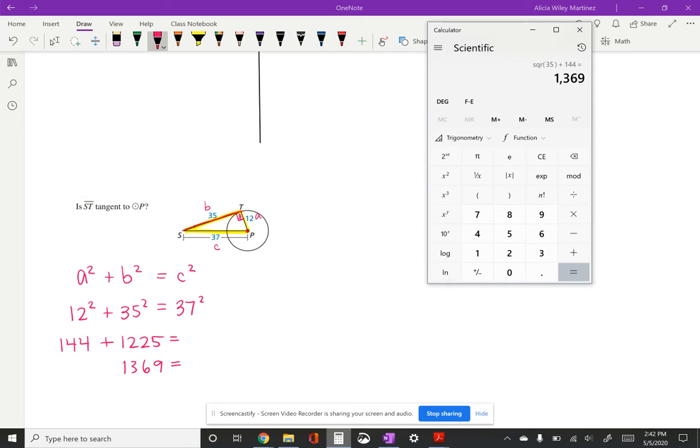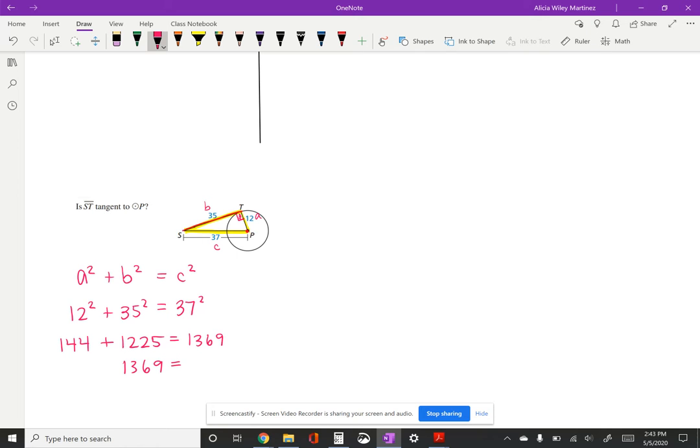And then 37 squared is 1,369. So you can see that it holds true for the Pythagorean theorem. So therefore, I know that this has to be a right triangle.